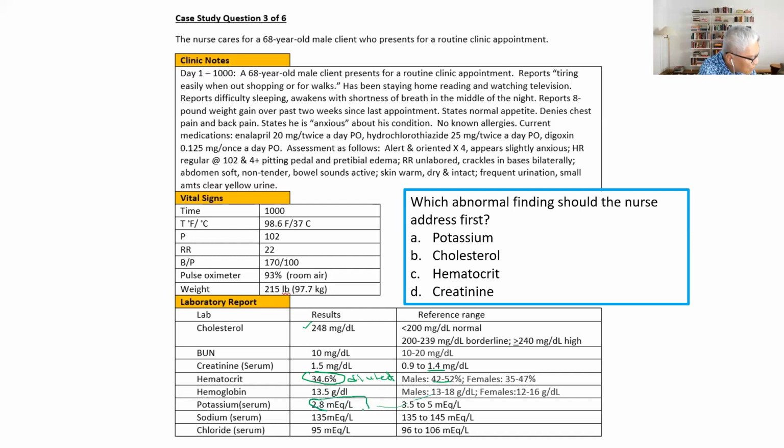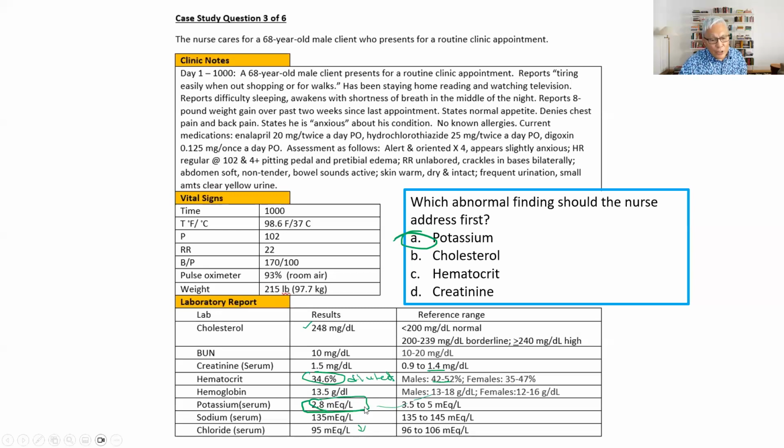Uh-oh. Yep, that one. That would be dangerous for arrhythmias, isn't it? 135 and then 95, that's very negligible. Okay. Which abnormal finding should the nurse address first? Definitely that potassium, right? So you all agree with that one? Yes, because it's too low.